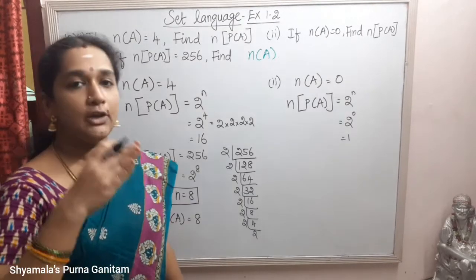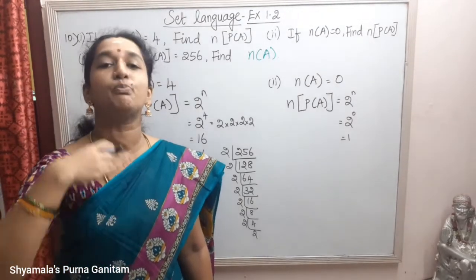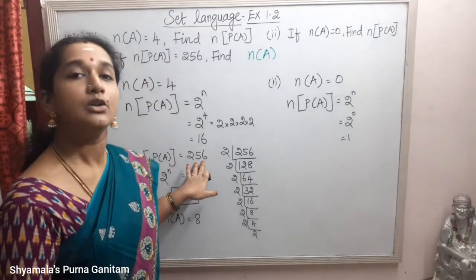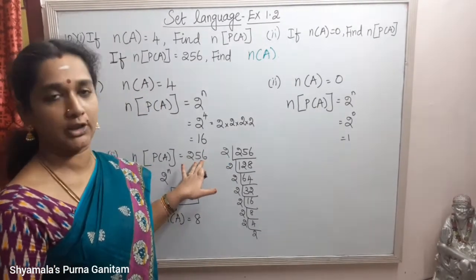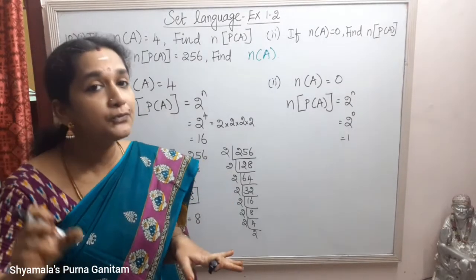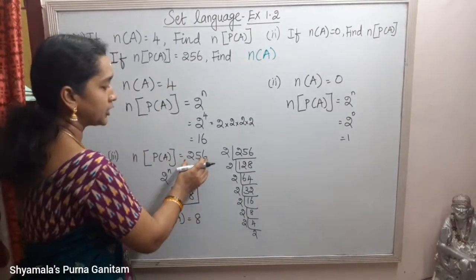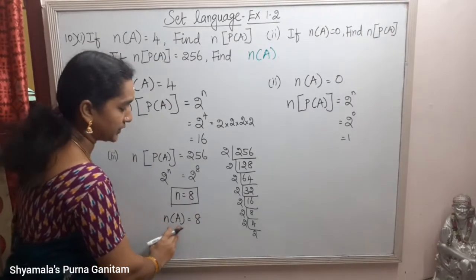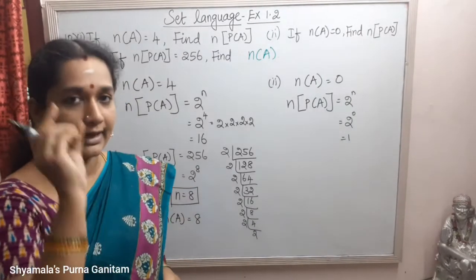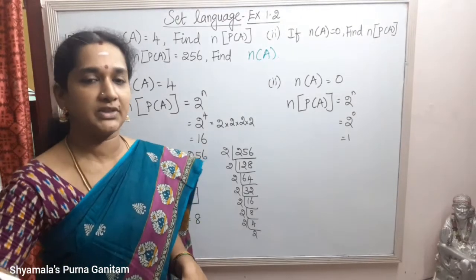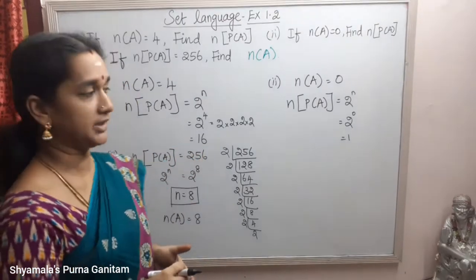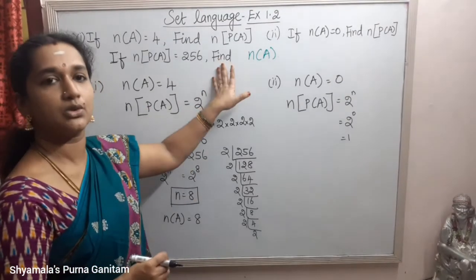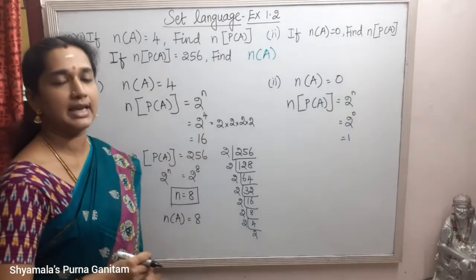If you find 2 power 8, you will get 256 subsets. So n of A is equal to 8. If you have 8 elements, the total number of subsets is 256. So this one we are taking vice versa. So we have found n of A as 8.